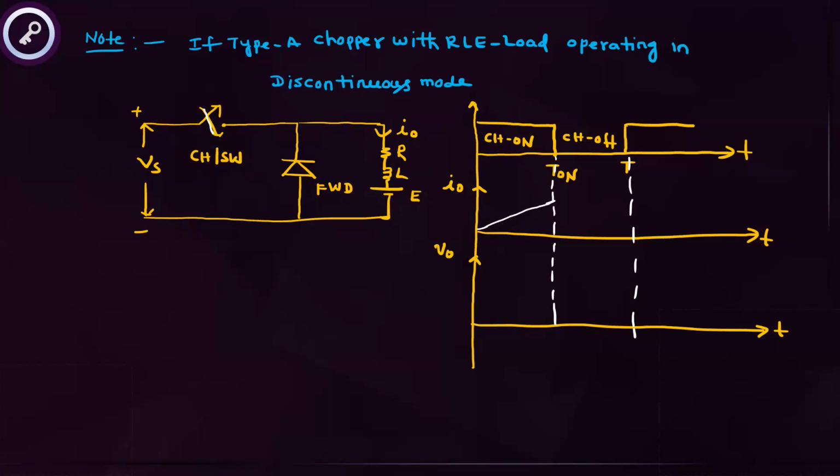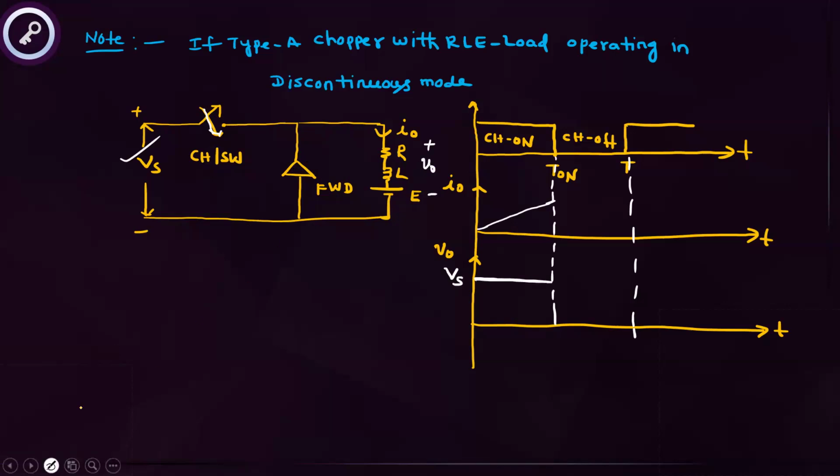During chopper on, the diode is in off state. What is V naught equal to? During chopper on, V naught equals Vs. Chopper is on, diode is off, then output voltage equals source voltage.